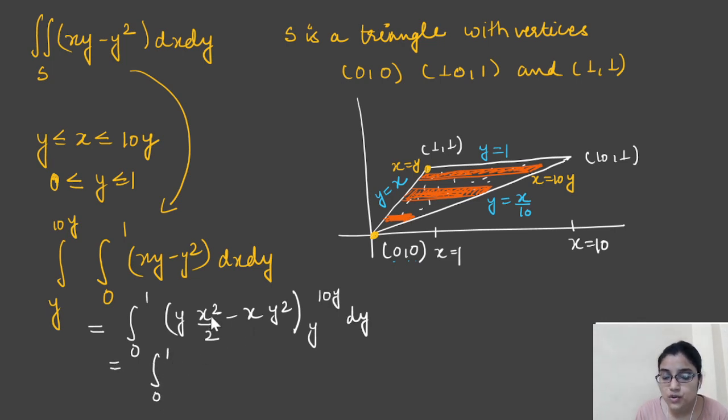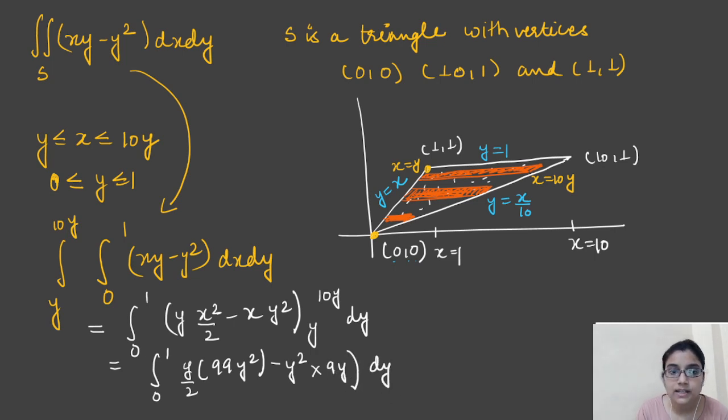This is y by 2 times x square, it means 100y square minus y square, it means 99y square, because you are keeping the limits of x. Now this is y square, and this is 10y minus y, it means this is 9y, dy.